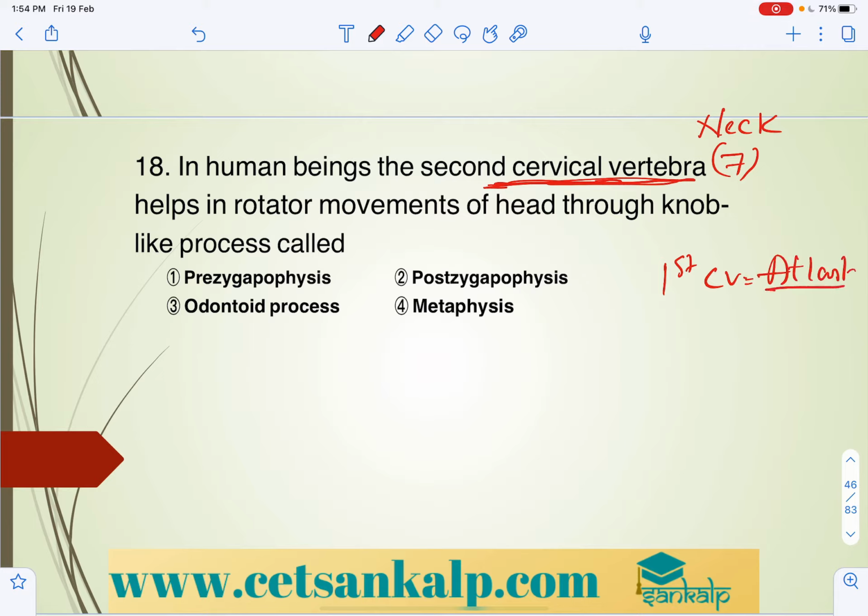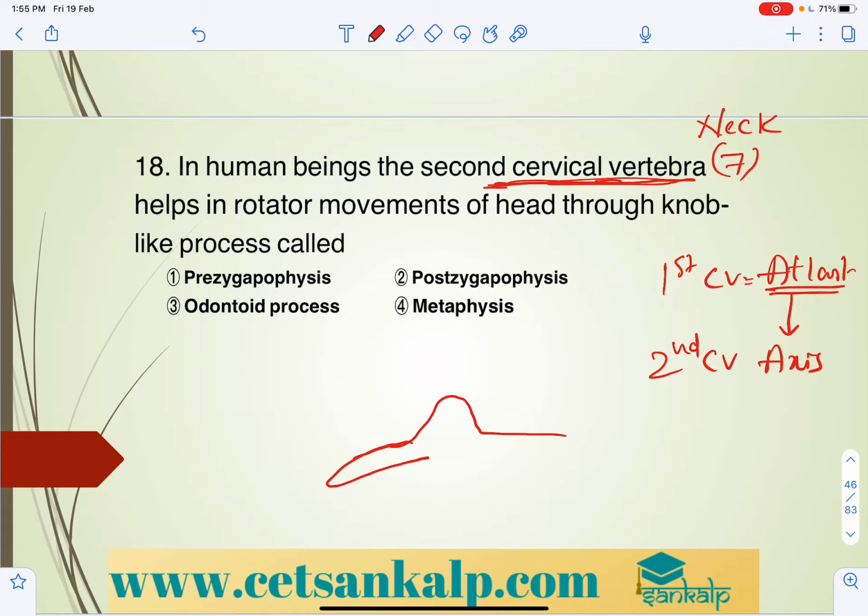So the atlas articulates with the second cervical vertebra, that is the axis. If you consider the axis, this is the axis with the transverse processes, and this is the odontoid peg.